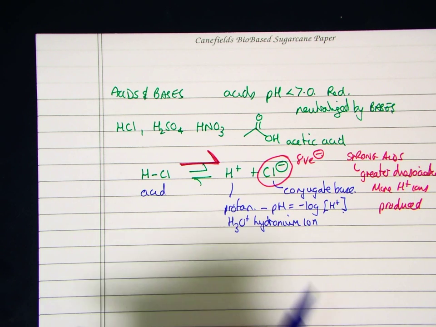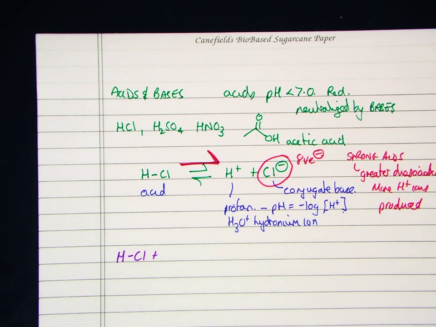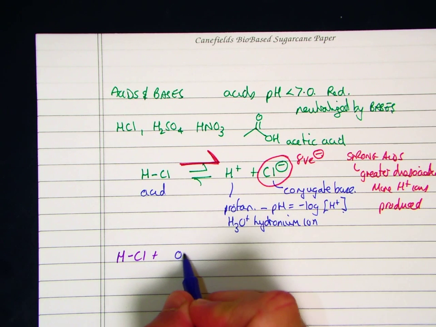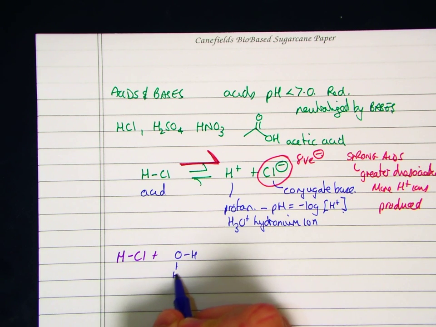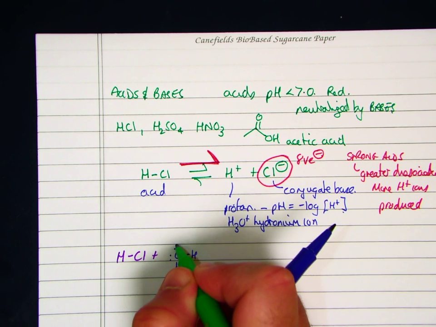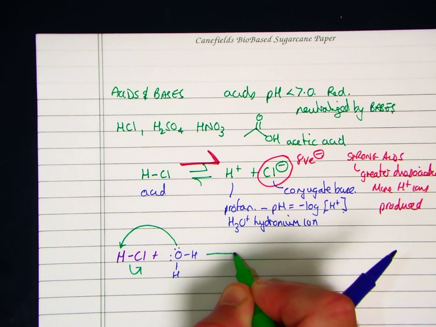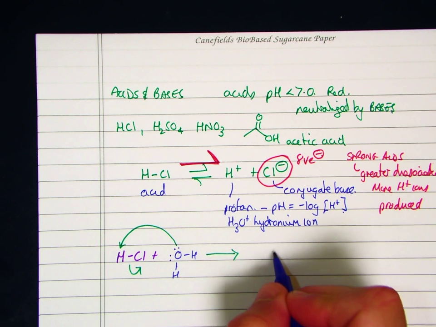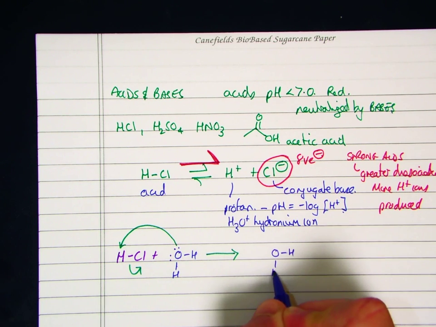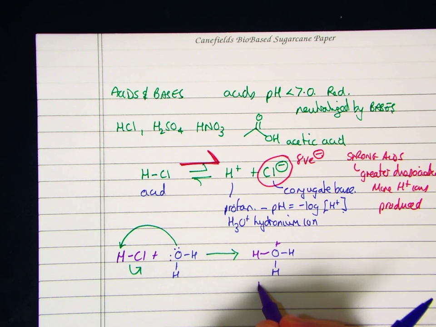So we take this a step further and we look at HCl reacts with our water molecule. Okay, water we know has lone pairs of electrons. The water will pick up the proton from the acid like so to give us H3O plus, which is our hydronium ion.